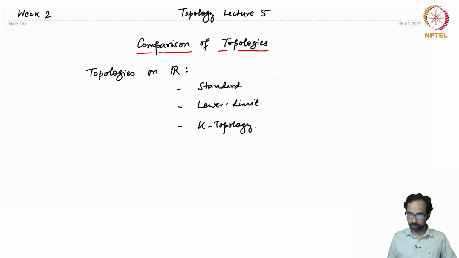We denoted the standard topology as tau standard, tau L was the lower limit topology, and tau K was the K topology. Now the question arises when you have multiple different topologies on the same set, whether it is possible to compare them.